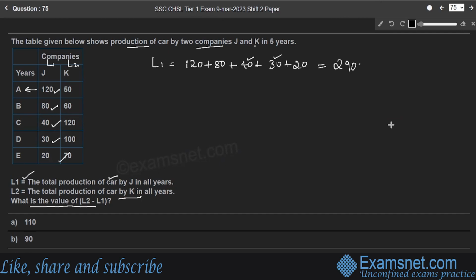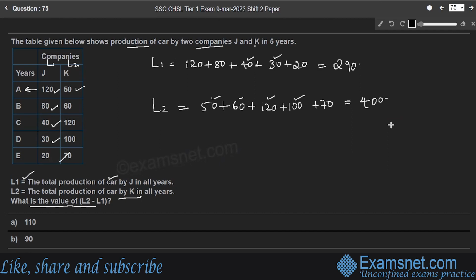Whereas company K produces, L2 is equal to the production of cars by company K in all 5 years, 50 plus 60 plus 120 plus 100 plus 70, which is equal to 110, 210, 230, 330, plus 70 is 400.